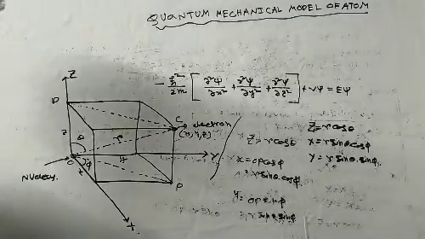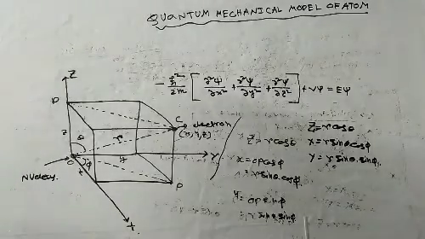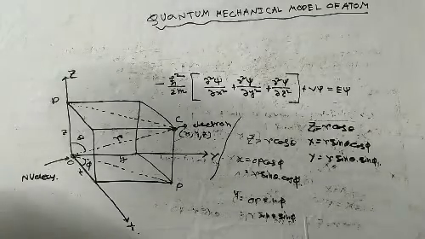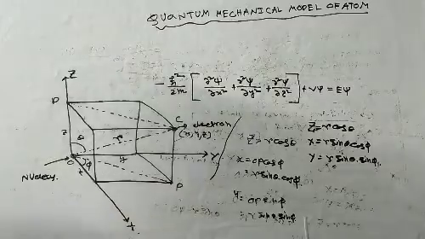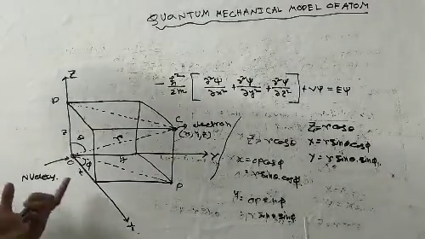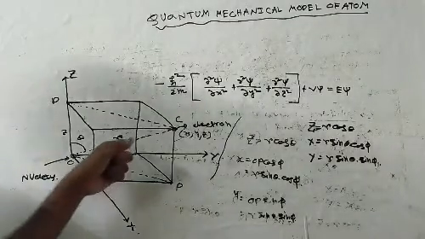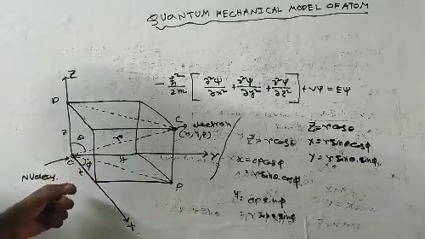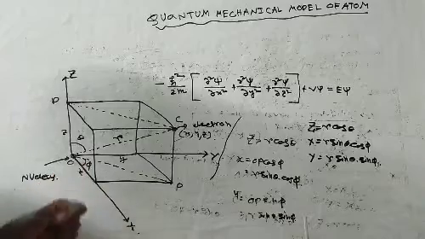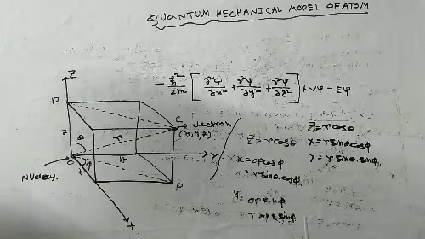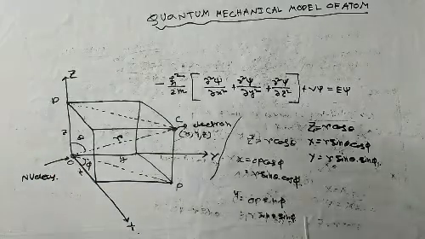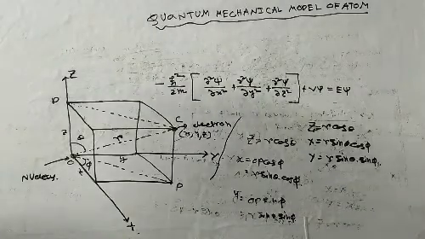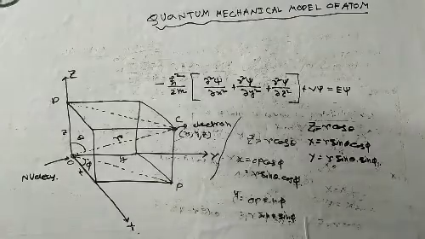I am assuming a reference axis x, y, z, and a distance from electron to nucleus r, and the angle theta between the z axis and r, and phi is the angle between OP and the x axis. By considering these things I am getting the relation between x, y, z and r.